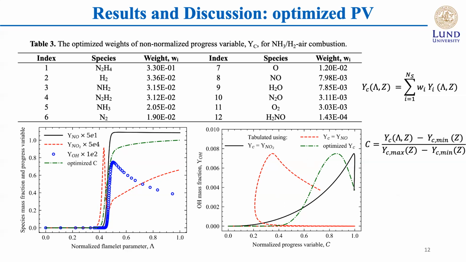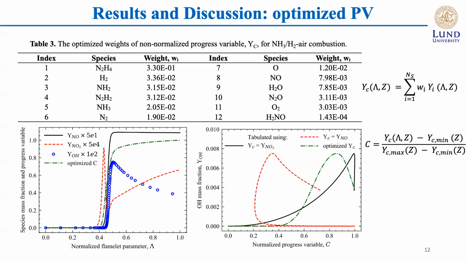It's seen that the red dashed line is veiled, which means that if we use NO2 as progress variable, it's not possible to predict OH because one progress variable corresponds to more than one OH mass fraction, which violates principle 1, principle 3.